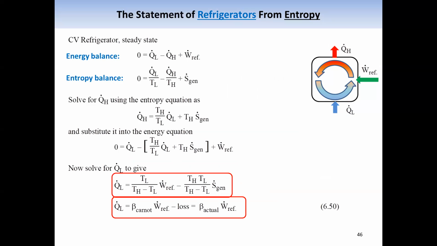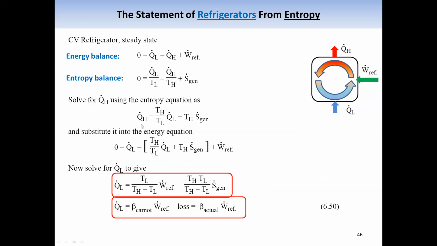Similarly, for heat pumps, we can analyze in a similar way. The energy balance generates this expression, and the entropy balance equation in the steady state. Both equations have zero on the left side.